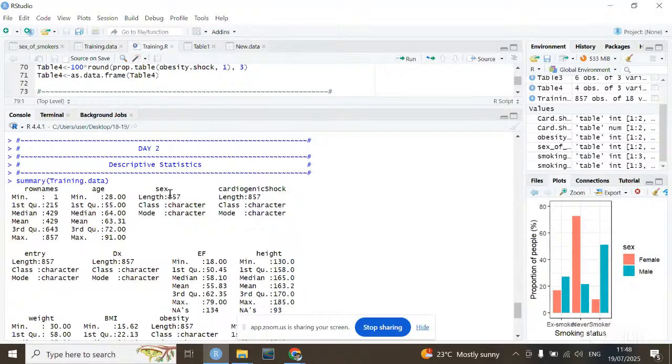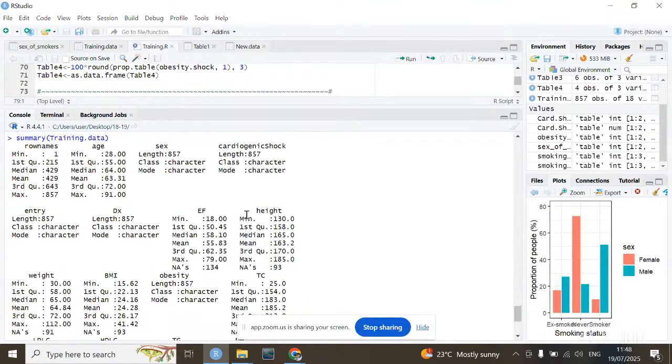For sex, it is stated that sex is character, so the value which appears most is also character. Then cardiogenic shock is still the same, character.